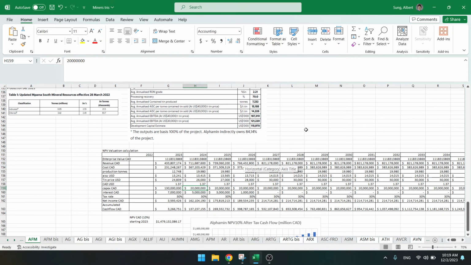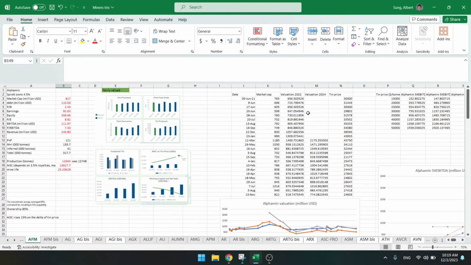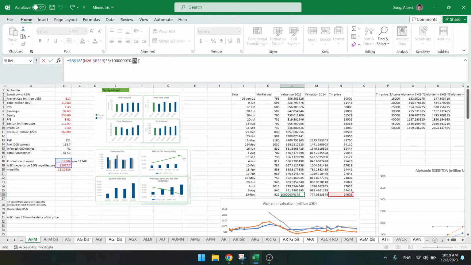Okay, then we need to take into account the ownership. 84% of the project. When you calculate everything with 93% payability and ownership of 85%, then you can just use 75% ownership.